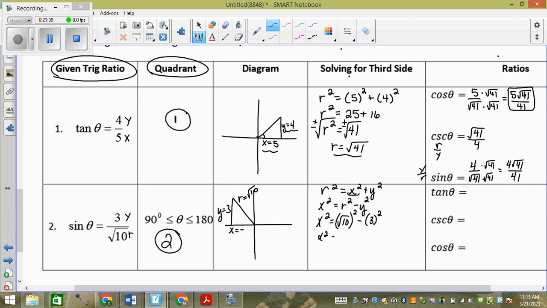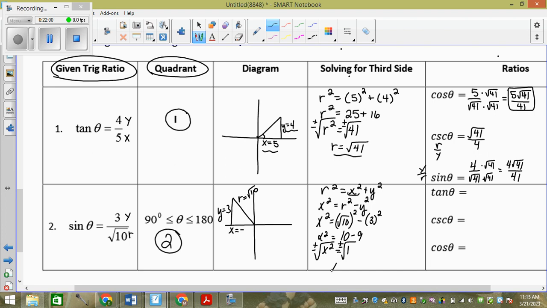So x squared equals, what happens when you square a root? It just cancels, it goes bye-bye, right? So I'm left with 10 minus 9, which is 1. And then I physically, with my hand, do that square root. When I physically do the square root, I get plus or minus.